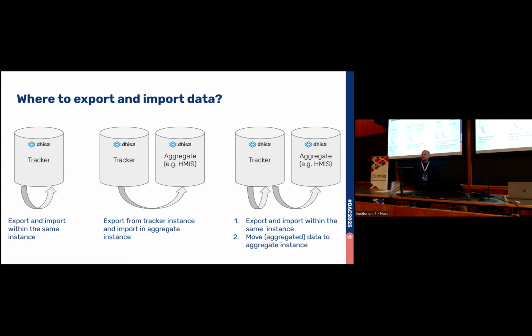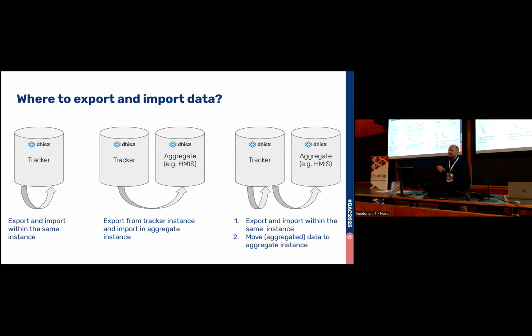For a Ministry of Health implementation, you would typically have the HMIS aggregate instance, and then the tracker, whether it's an immunization registry or HIV tracker or whatever, would sit in a different DHIS2 instance. And then the question is, do you just extract the tracker data and push it directly into the HMIS, or do you first do the aggregation within the tracker instance and then push the aggregate numbers into the HMIS later?